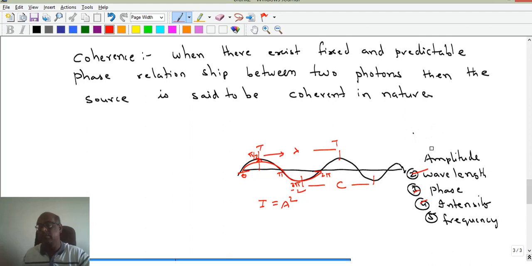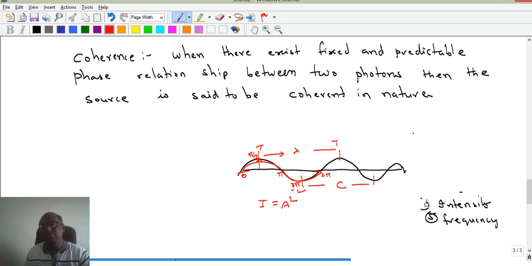Now in this discussion of coherence, we are interested in the phase relationship. If two waves maintain the same phase and the same amplitude, then they are said to be coherent in nature. So in terms of definition, when there exists a fixed and predictable phase relationship between two photons, they are said to be coherent in nature.